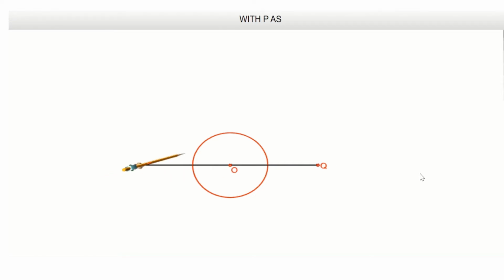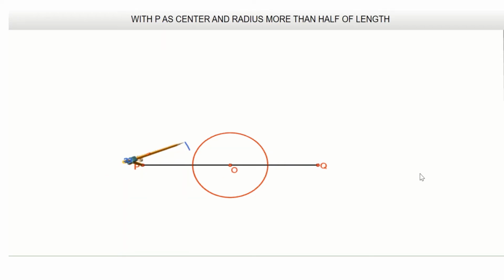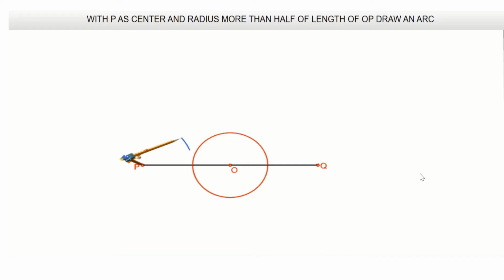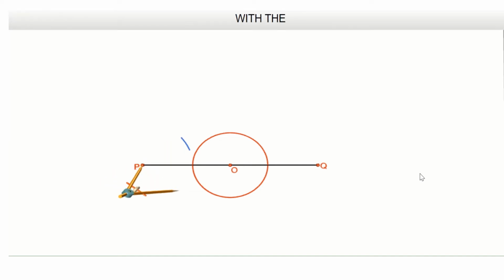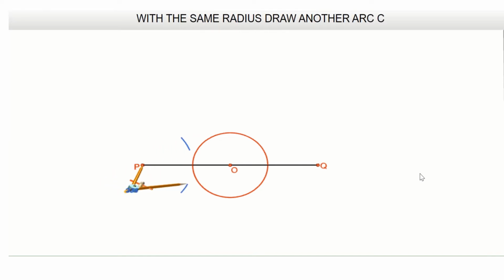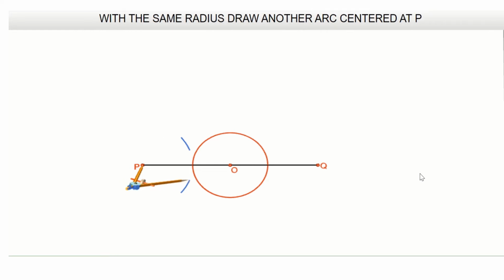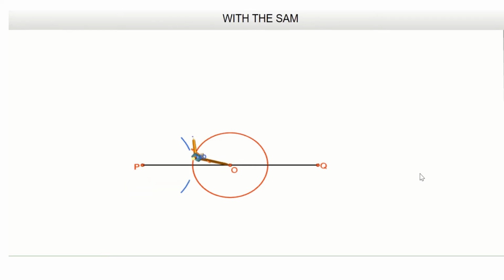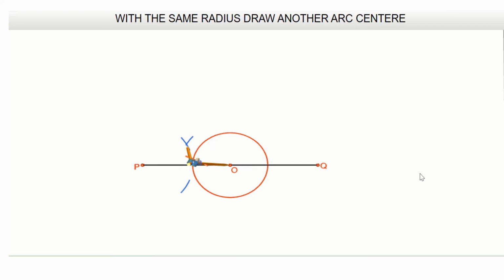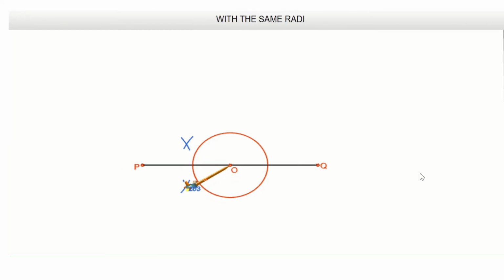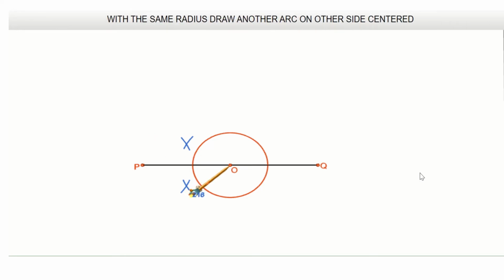Right? So from there, with P as center and more than half of the length, I am drawing arcs. From P, I am drawing 2 arcs. Right? From the upper side and the down. Again, from O, without changing the radius, I am drawing other 2 arcs.